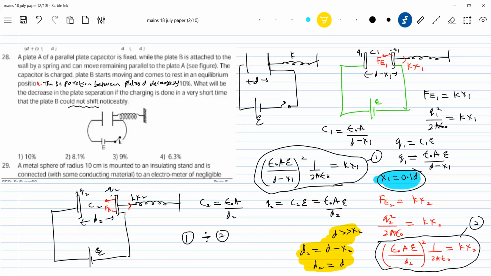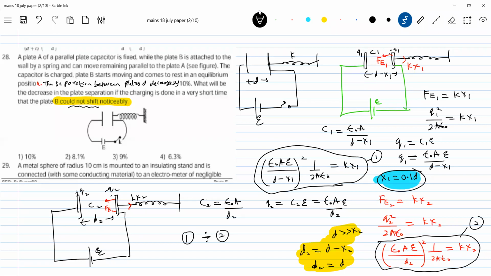Sir, why is d2 equal to d, sir? He himself has said no, the plate could not shift noticeably. Okay. So I can write d2 equal to d, then I can solve it.